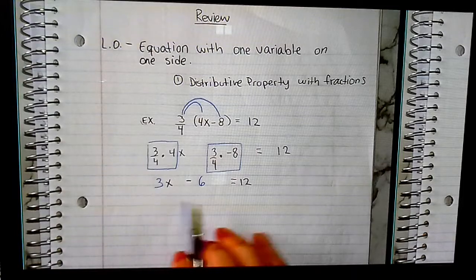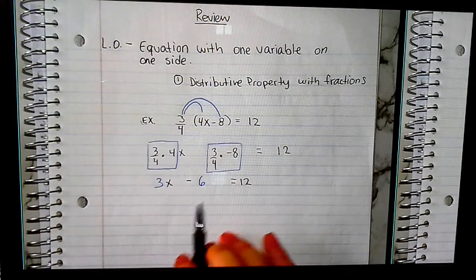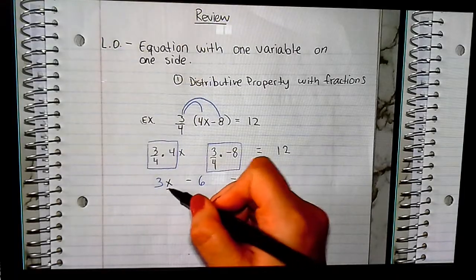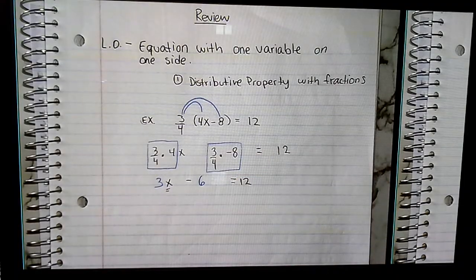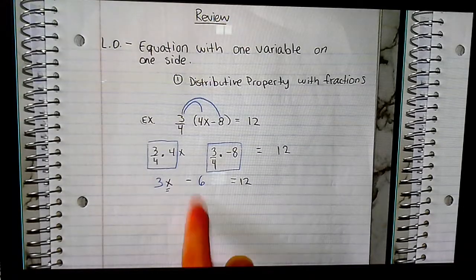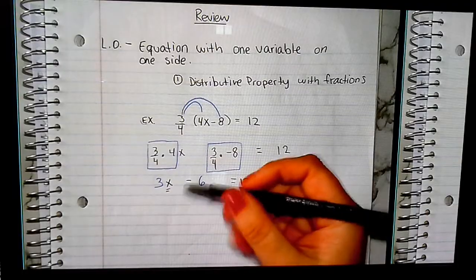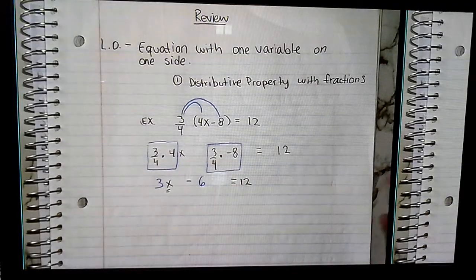So based on this, my goal is to get the x by itself. I'm going to undo, or do the opposite operation, and I'm always going to start with plus or minus first. So I'm subtracting. The opposite of subtracting would be to add. So I'm going to go ahead and add 6 to both sides.